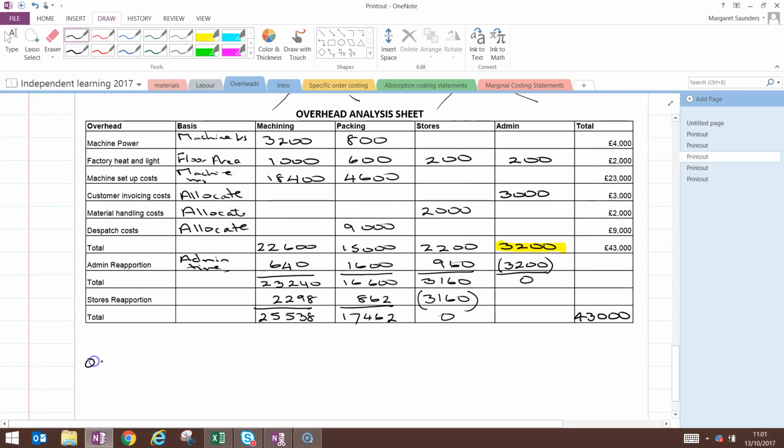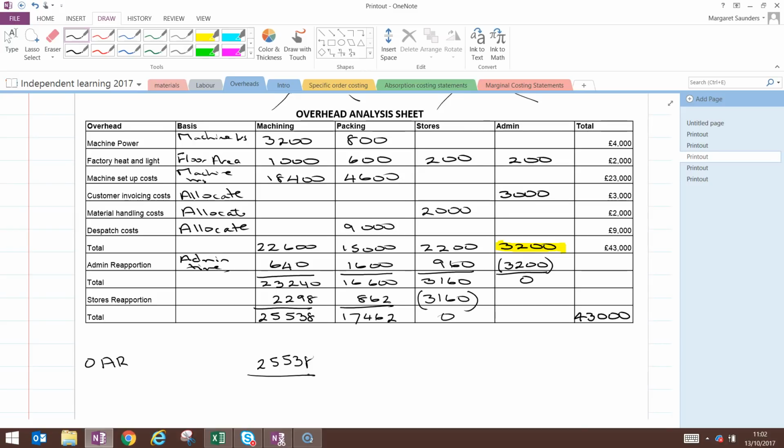So our overhead absorption rate. Calculate an overhead absorption rate. We take budgeted overhead. So let's look at machining. Budgeted overhead 25,538, and we divide it by budgeted activity, and that can be machine hours or labour hours or some other method.